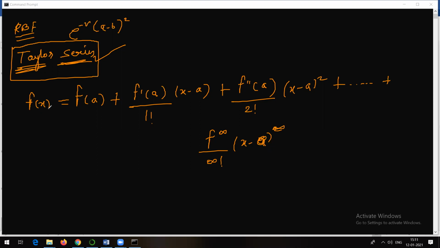Something like this is a Taylor series, which you could make use of to represent any mathematical equation as a sum of infinite numbers. So it was possible with the help of Taylor series.